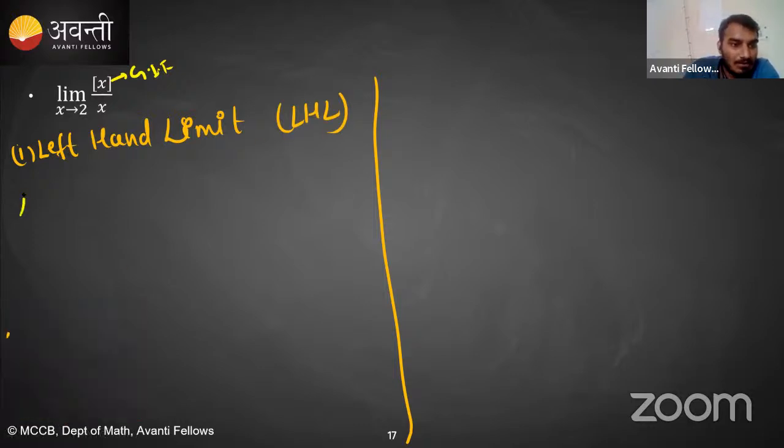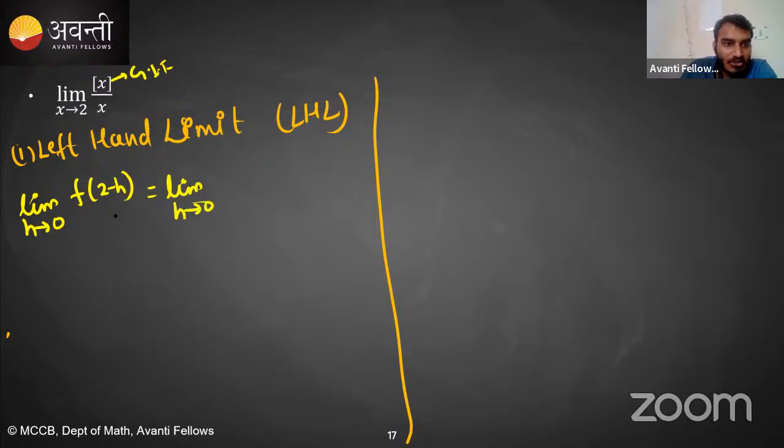Left hand limit is limit h tends to 0 f of 2 minus h, which is nothing but limit h tends to 0 of box of 2 minus h divided by 2 minus h. Replace x with 2 minus h.